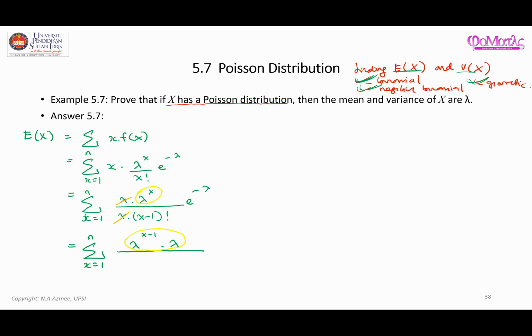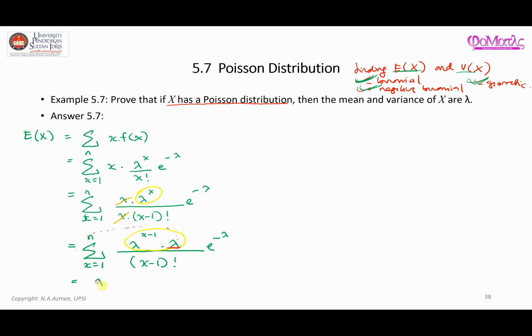Now what we have to do next is just write down (x minus 1) factorial times e to the negative lambda. I hope you can see that this lambda doesn't depend on x, therefore we can take it outside of the summation.